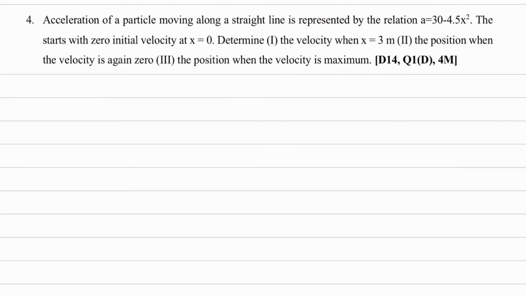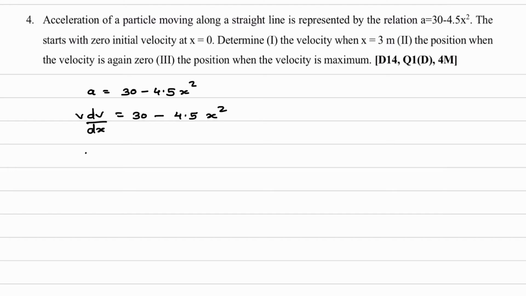So we will write down the main equation first. Acceleration is equal to 30 minus 4.5x². So acceleration can be written as v dv by dx is equal to 30 minus 4.5x². Take all the x terms on the right hand side and v terms on the left hand side.